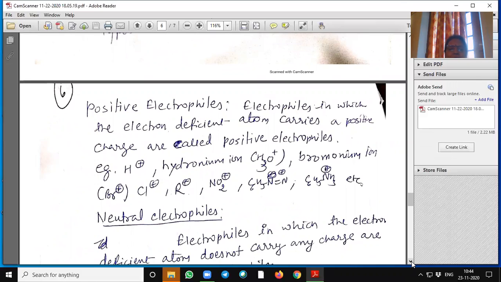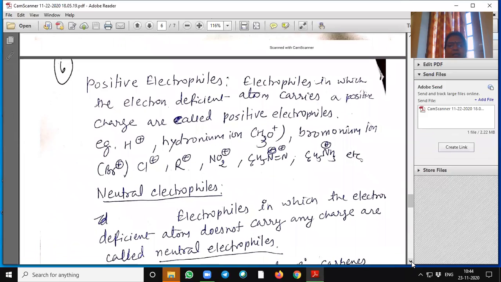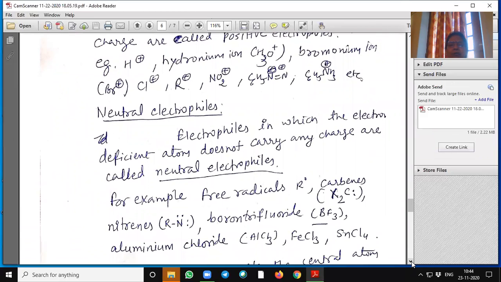For example, H plus, hydronium ion, bromonium ion, chloronium ion, alkyl ion, nitronium ion, diazonium ion, ammonium ion, phenyl ammonium ion, etc. Neutral electrophiles are electrophiles in which the electron-deficient atom does not carry any charge.